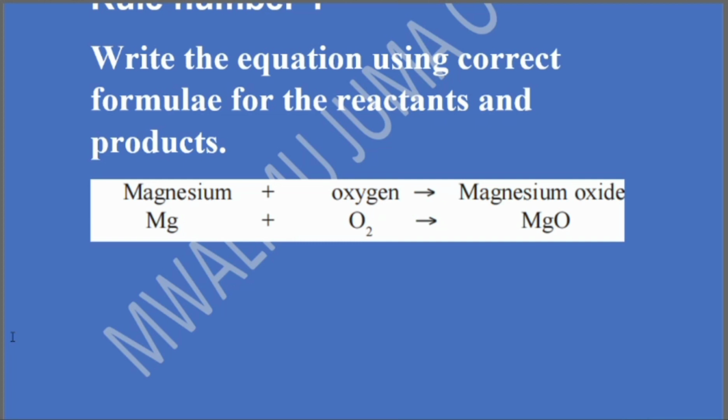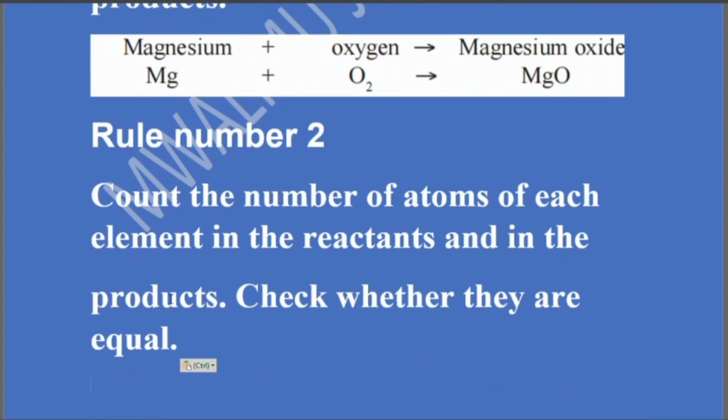Now rule number 2: count the number of atoms of each element in the reactants and in the products, and check whether they are equal. So we are saying that rule number 2, we count.